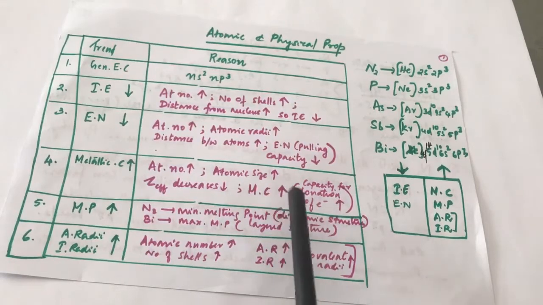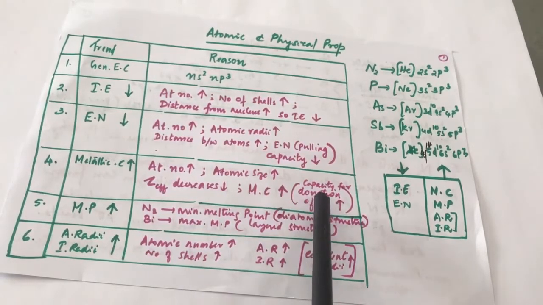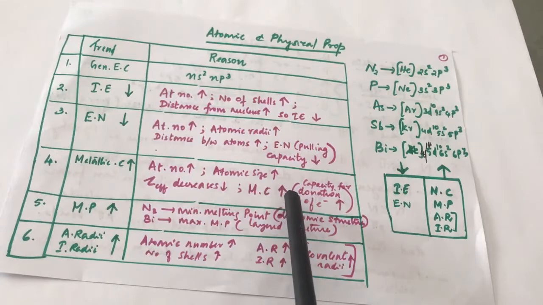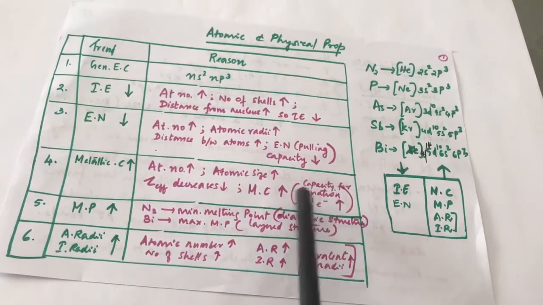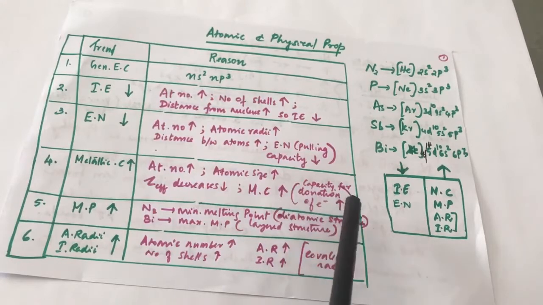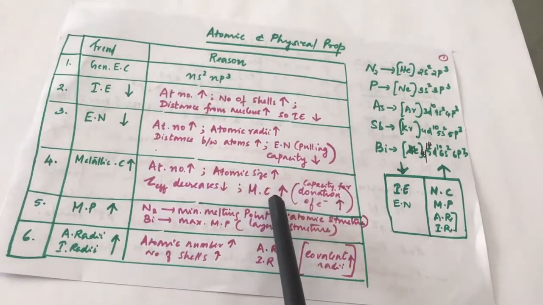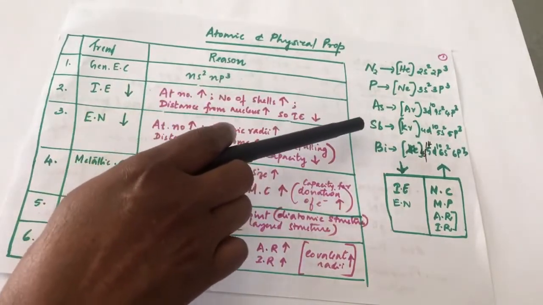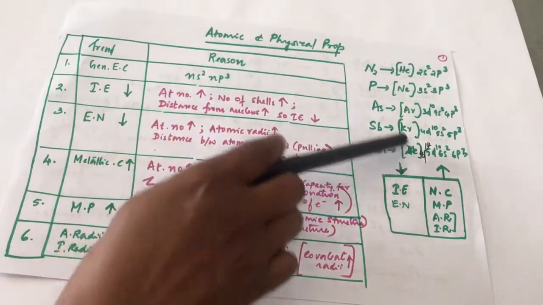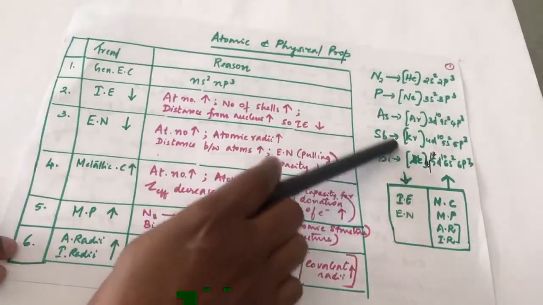So we have discussed it many a time in the class. Metallic character means it is losing electrons and gaining a positive character. So that is what is mentioned here. As one moves down from nitrogen to phosphorus to arsenic to antimony to bismuth, bismuth shows the maximum metallic character.